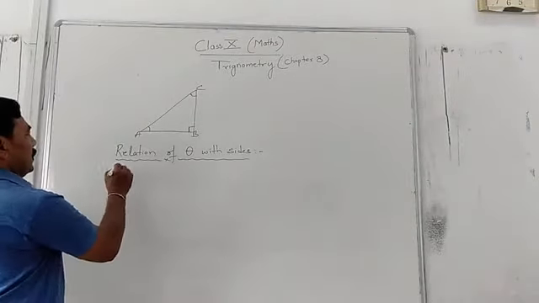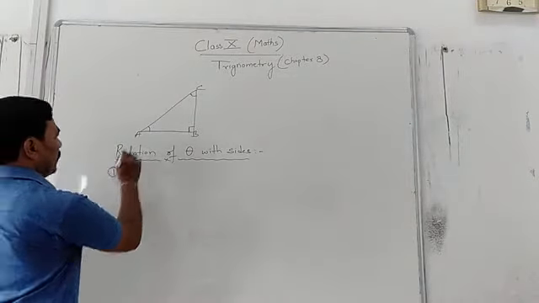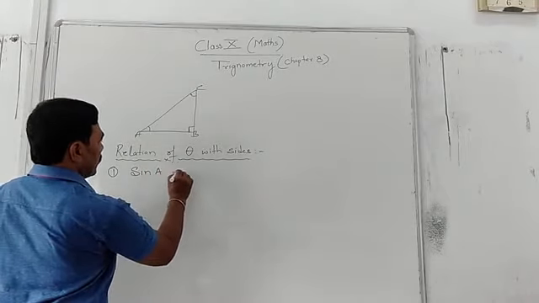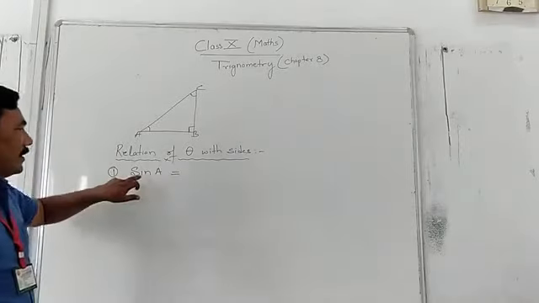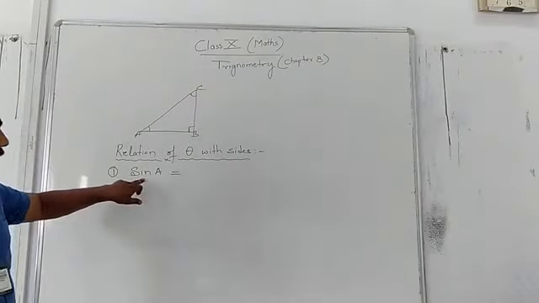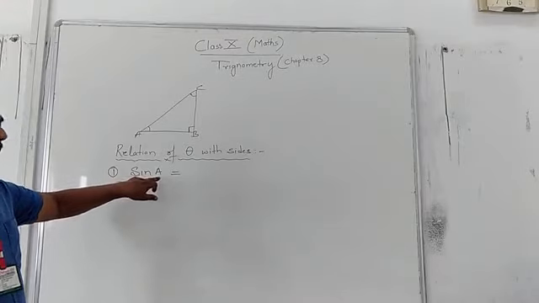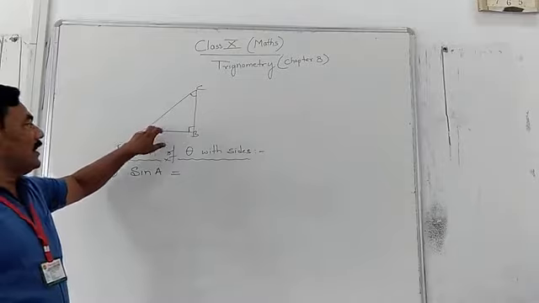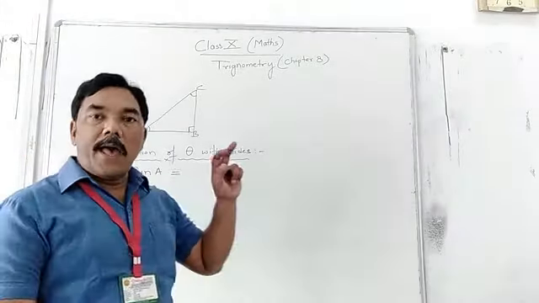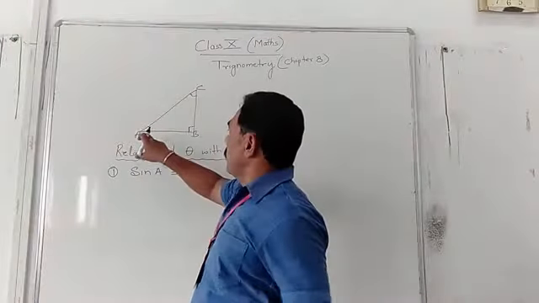First, the relation of sine A. Sine means perpendicular upon hypotenuse. What do you mean by sine A? A is called theta, the angle.